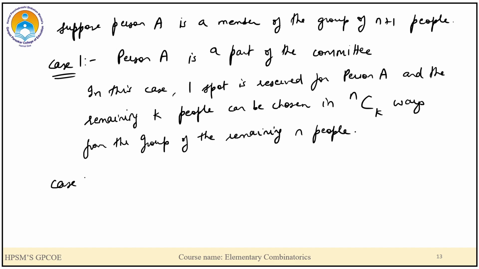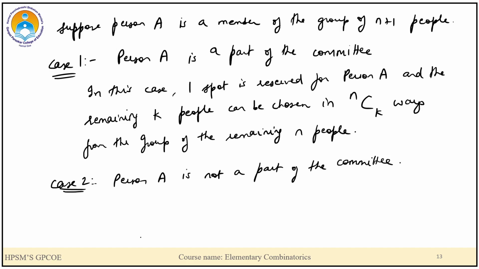Now suppose I have the other scenario where person A is not a part of the committee. Now in this case, again since I am excluding person A from my committee, I have n people left to choose from. And I still need to choose k plus 1 people because this time no spot is being reserved for anybody.